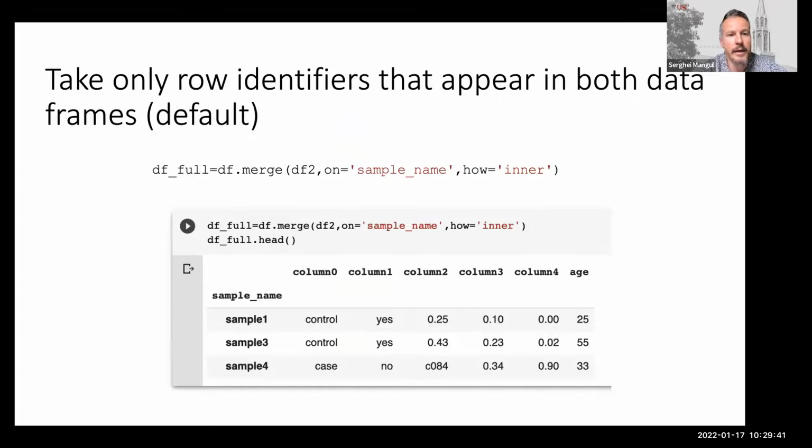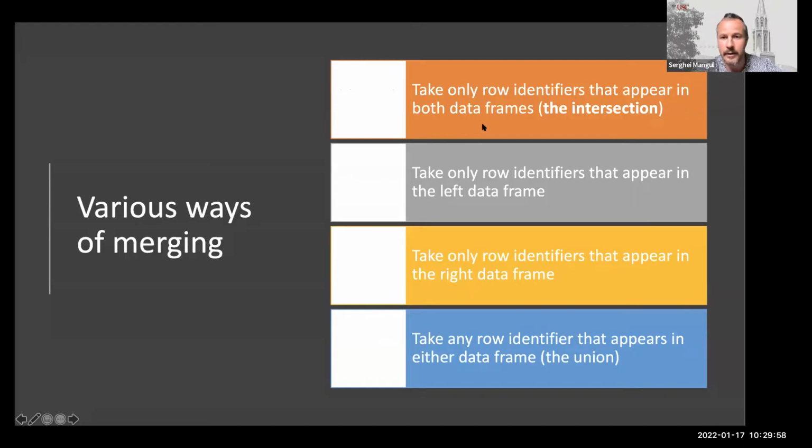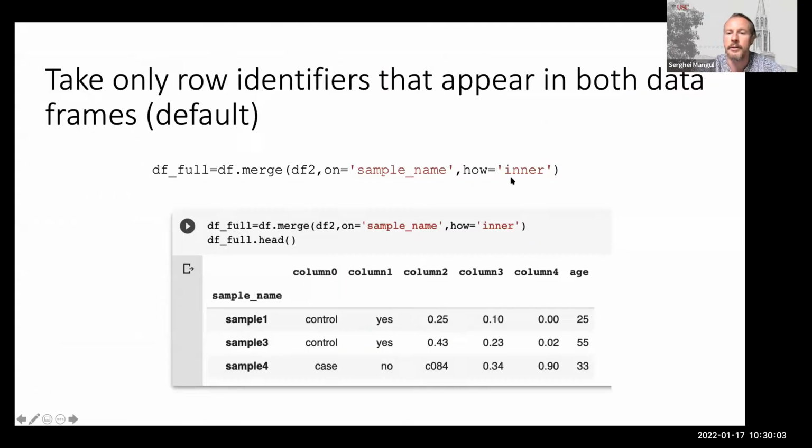Okay, so take only rows identified that appear in both data frames. In other words, sample 2 needs to have information in both data frames. And actually that's the default. This is what you already did, or like I have shown you how to do, right? So if we say how, inner, and those are keywords. Interesting, I don't have them here, but you can look here.